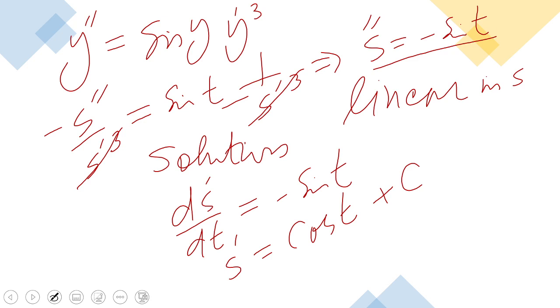Now what is s dash? S dash is ds by dt, and that gives me cos t plus c. Now integrate again, I get s.